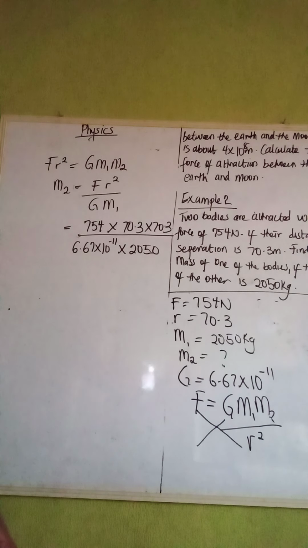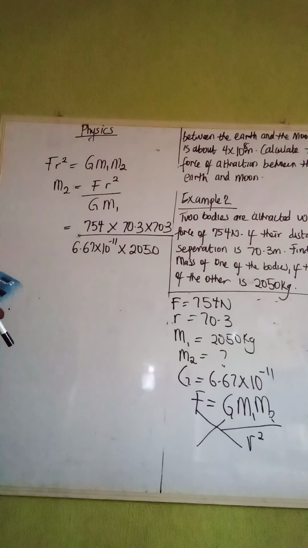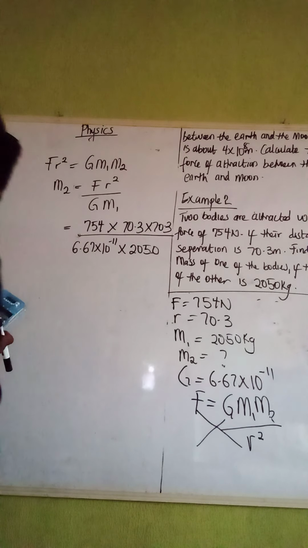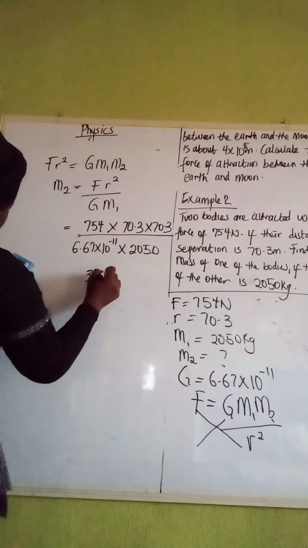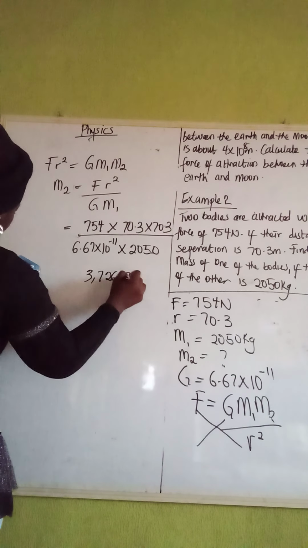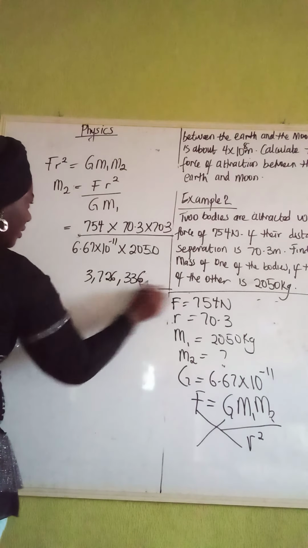So let's start. 754 times 70.3 times 70.3 will give us altogether 3,726,335. Or let's approximate just 336 once and for all.